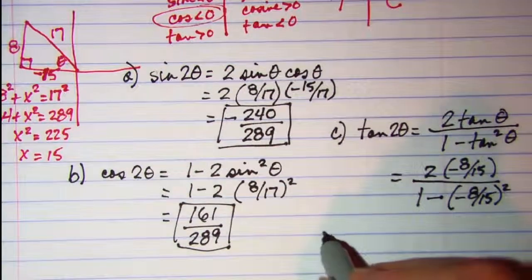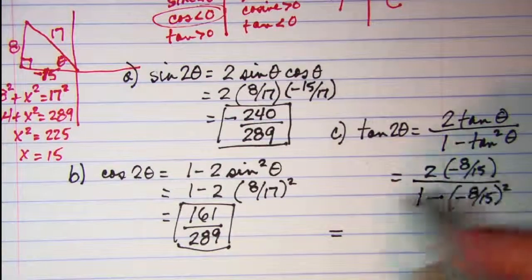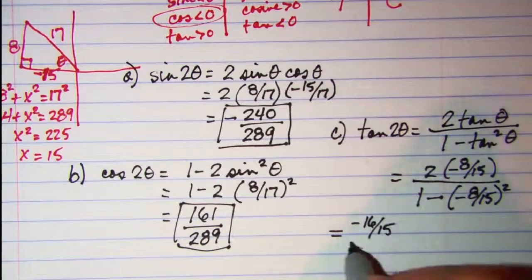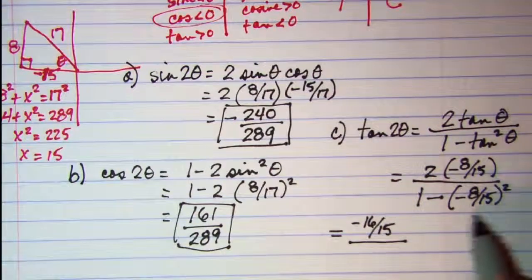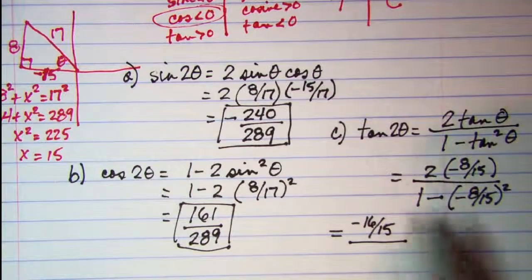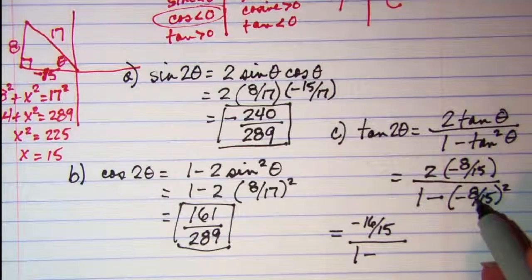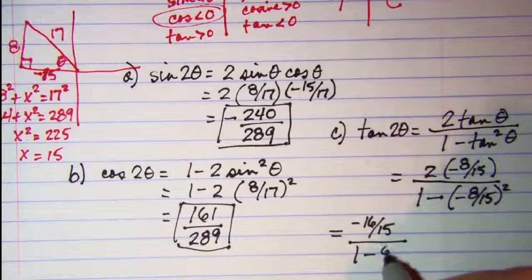So the top is negative 16 over 15. And the bottom is 1 minus 64 over 225.